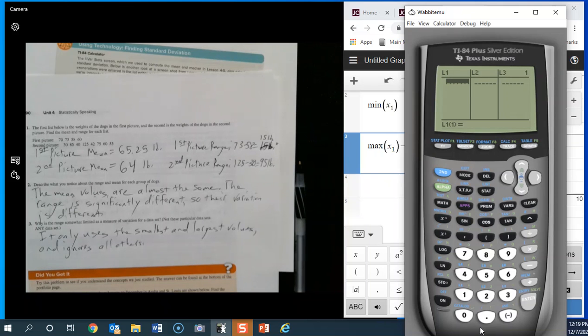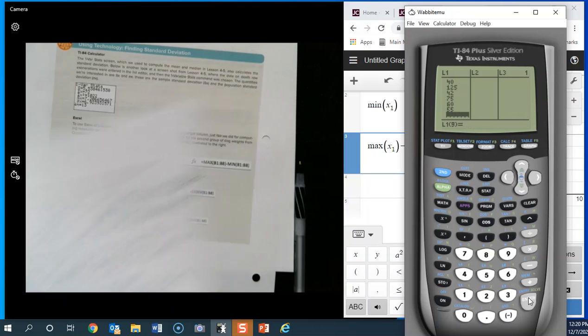Picture 2 had 30, 85, 40, 125, 42, 75, 60, and then 55.